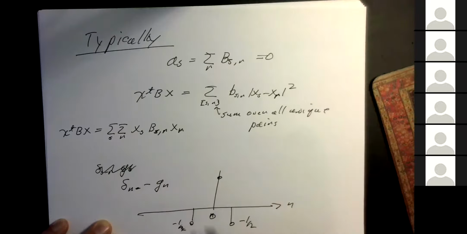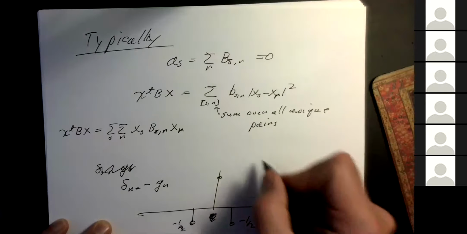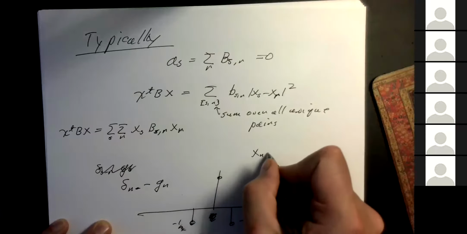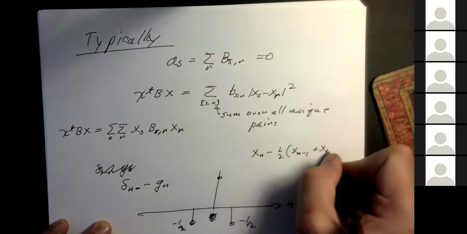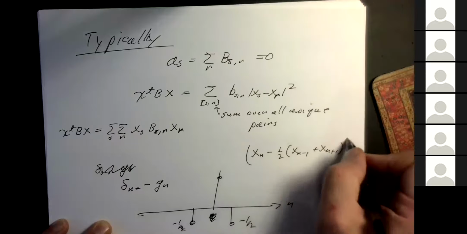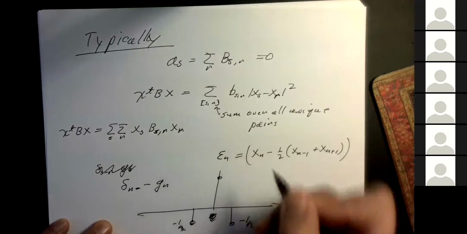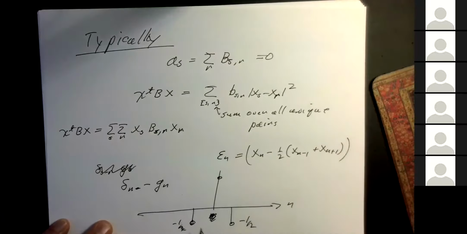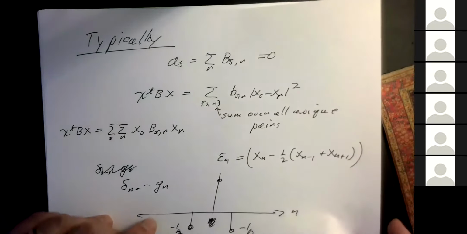These two things compute the average. So you have X of N minus 1/2 X of N minus 1 plus X of N plus 1, right? That's the prediction error, epsilon N. So in this case, these sum to 1. Because they sum to 1, this A is 0, and that allows you to drop that term.